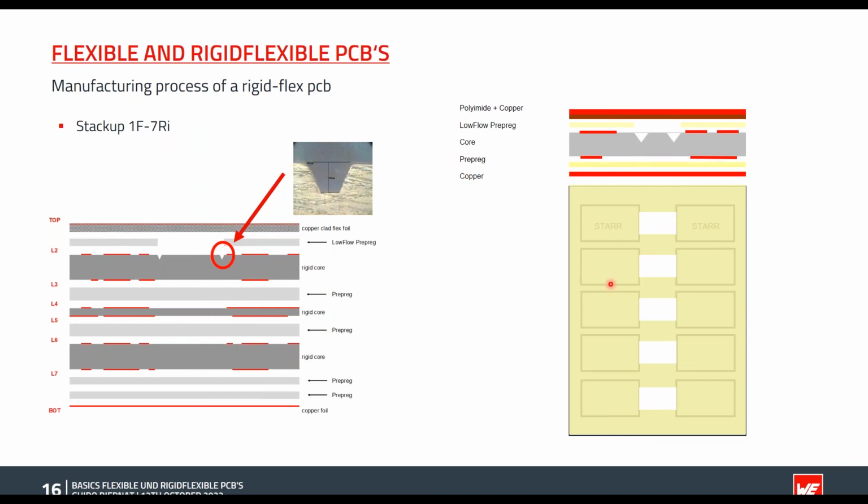Then the next process: all materials are laminated with a thermal pressing process. This process takes place under vacuum, pressure, and temperature up to approximately 200 degrees.